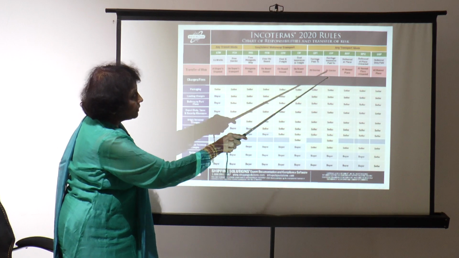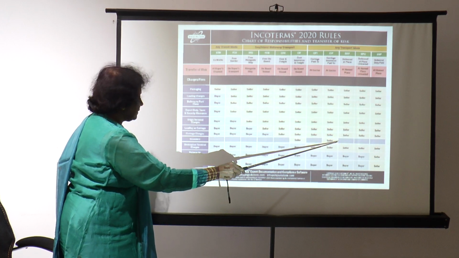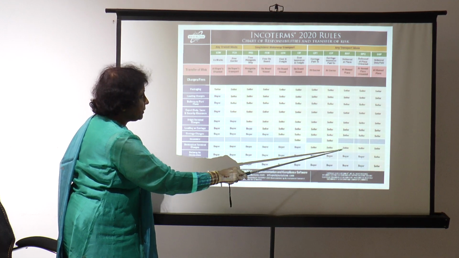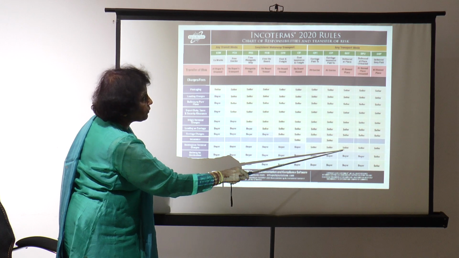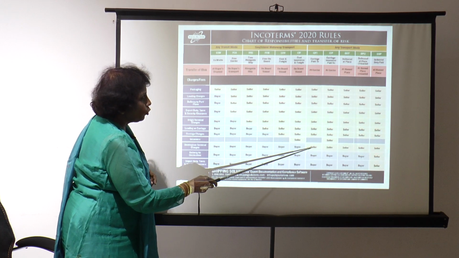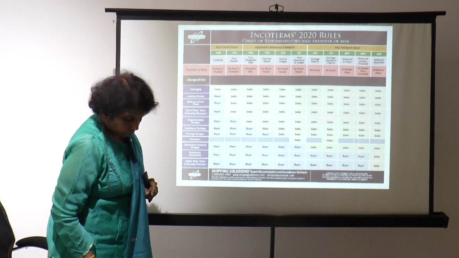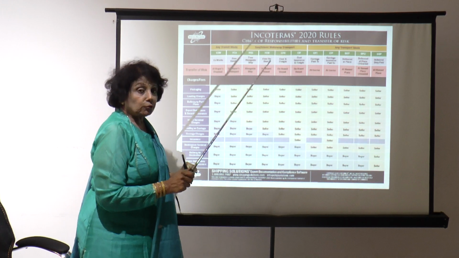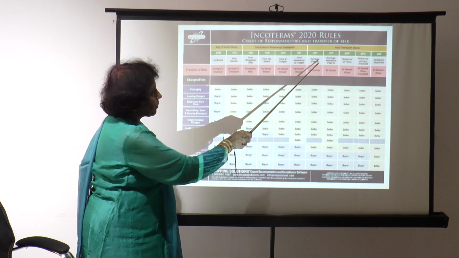Now next, Delivered at Place. After the carriage charges he has paid and the destination terminal charges, it is delivered at place. So what is the difference between Carriage Paid To and Delivered at Place? See, this is Carriage Paid To.